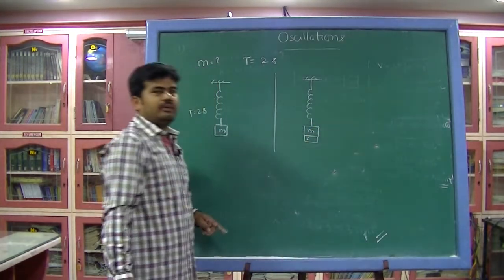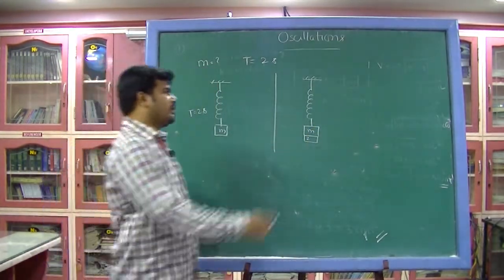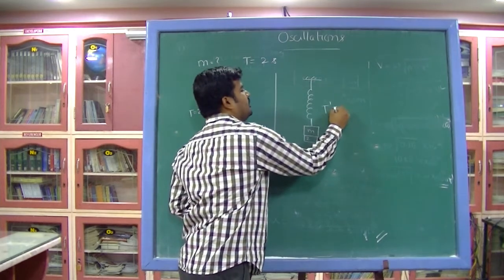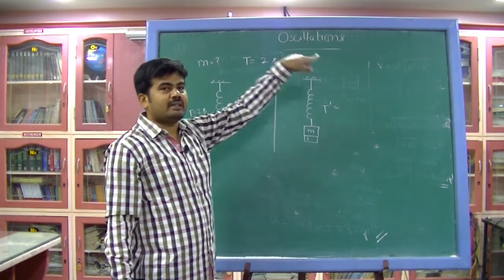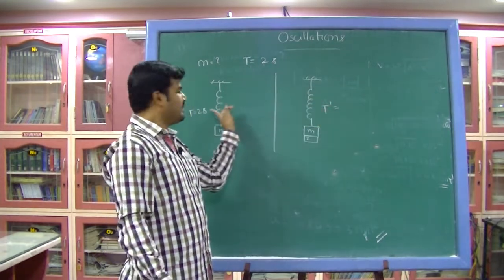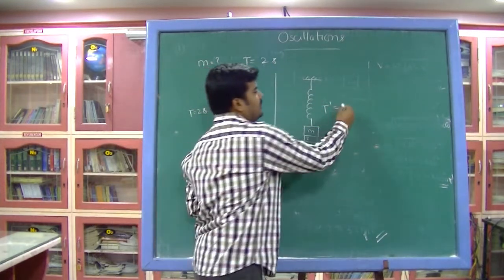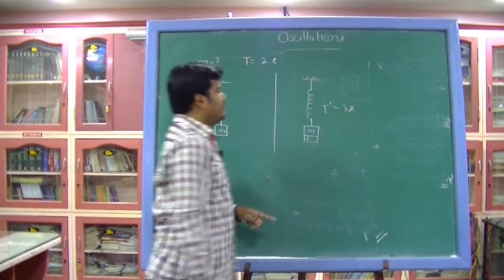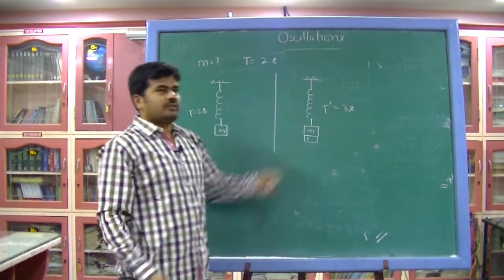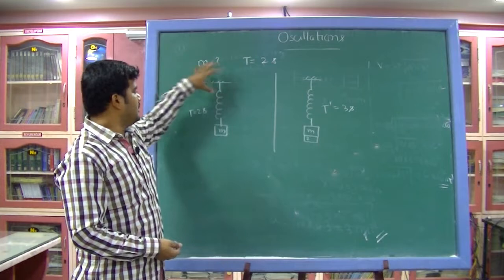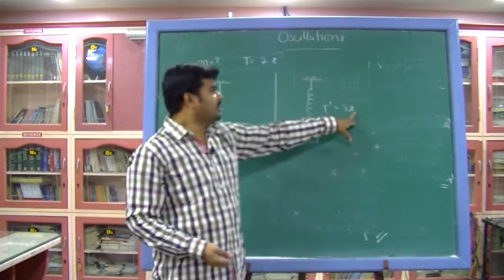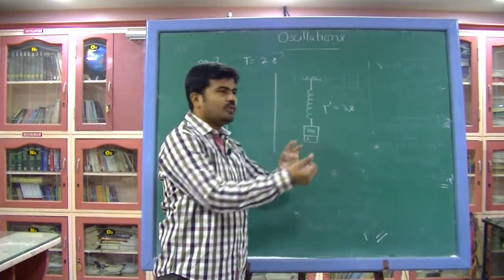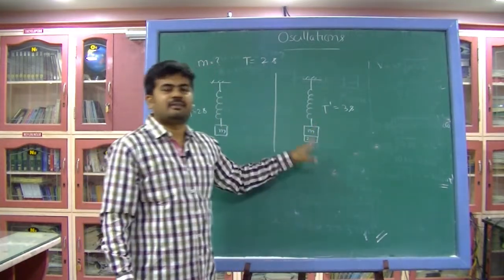So, total mass now is m plus 2 kgs, and now time period increases by 1 second, that means initially it is 2 seconds. So, increase by 1 second means you have to take initial time period plus 1 second. So, it will be 3 seconds. So, here this is the situation. So, initially this is the particular time period value and situation of the system, and now this is the final case. Now, let us compare both and obtain the value of mass.